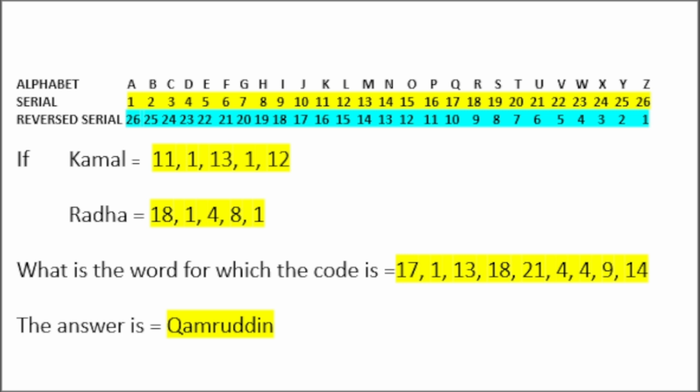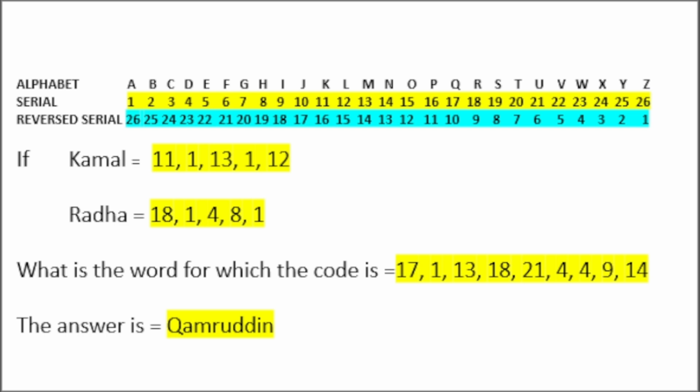So on this basis, if Kamal has been assigned this code and Radha has been assigned this type of code, so what is the word for which the code is this one? So the answer is Samruddhi. After studying these codes, we have found that this code is given for Samruddhi.